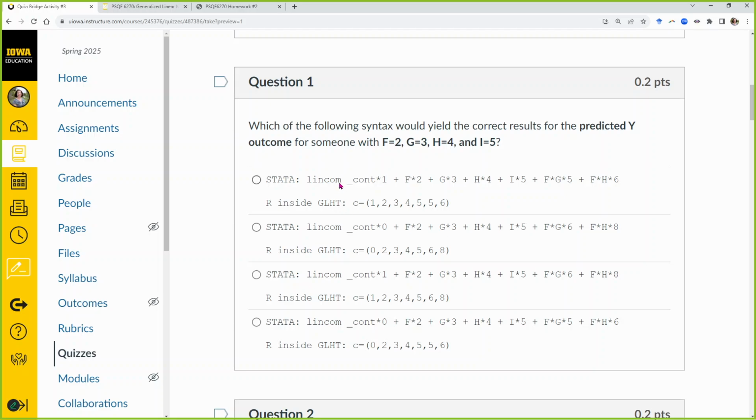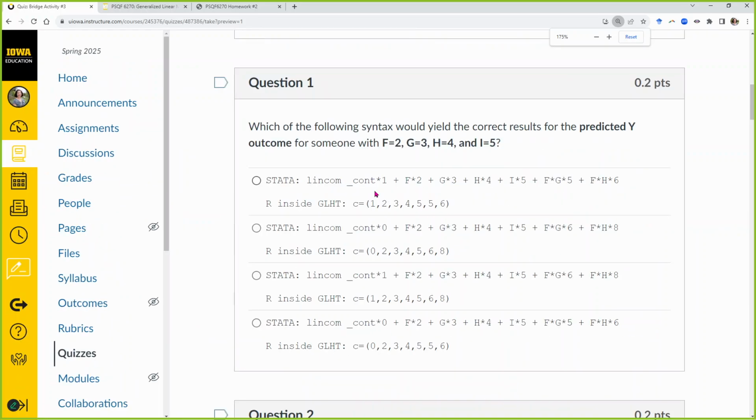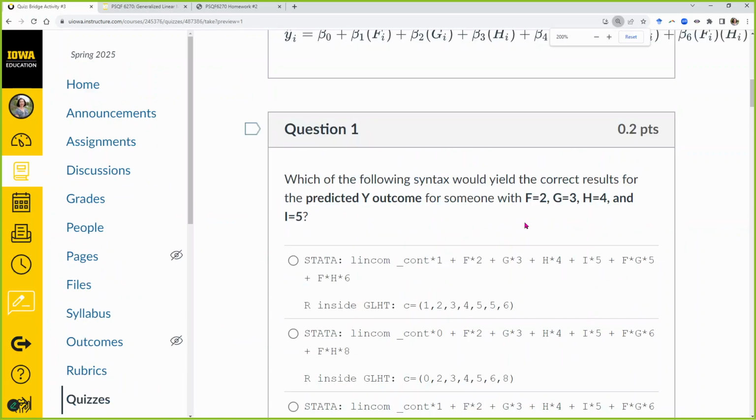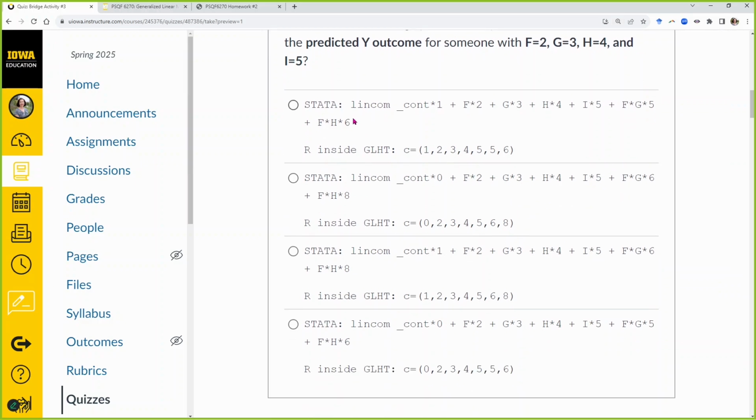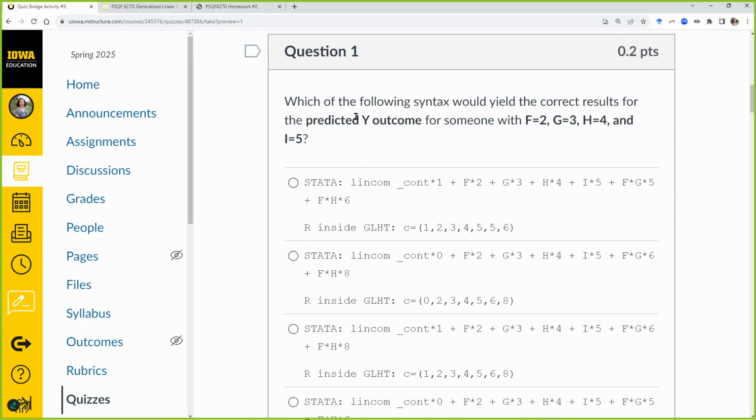And so in Stata, let me blow this up, just a little bit more. So Stata is lincom and R is glht. So you can choose to ignore one or the other of these lines based on which program you're trying to specialize in. These are multipliers. So for instance, this is asking, what is a predicted Y outcome for somebody with these values of the predictors?